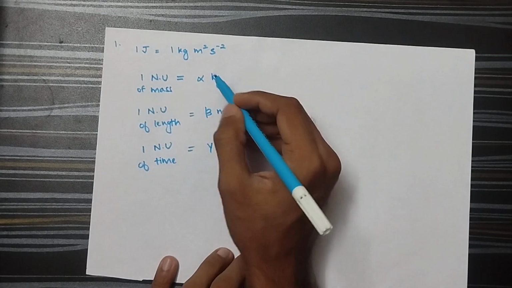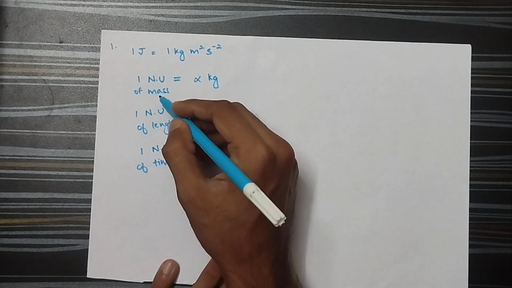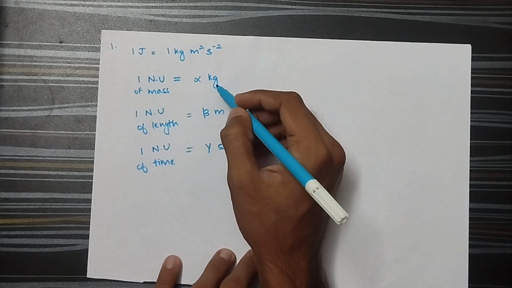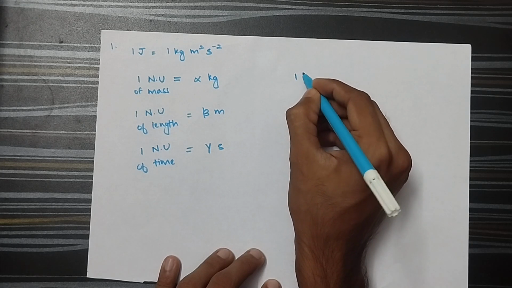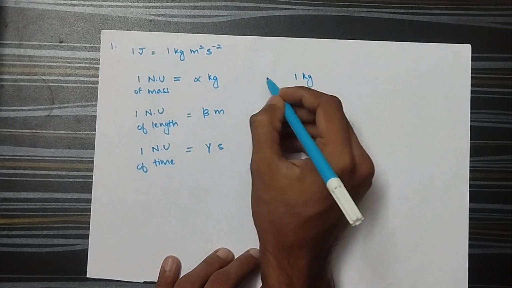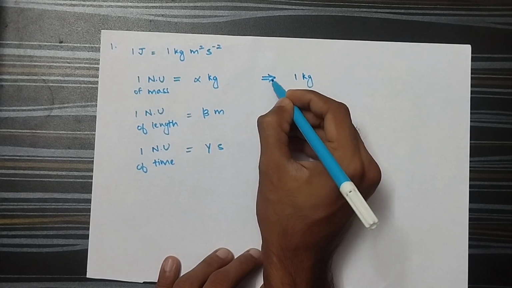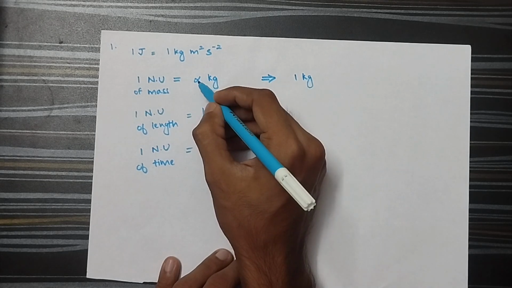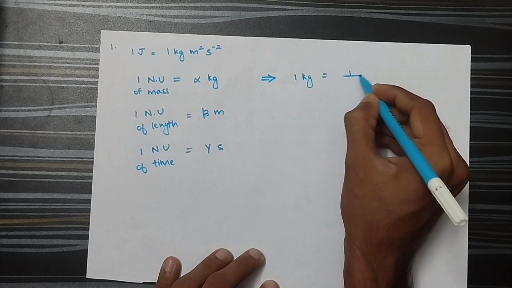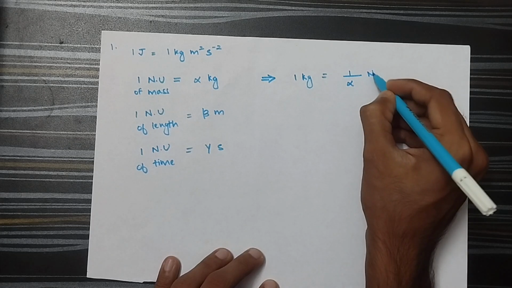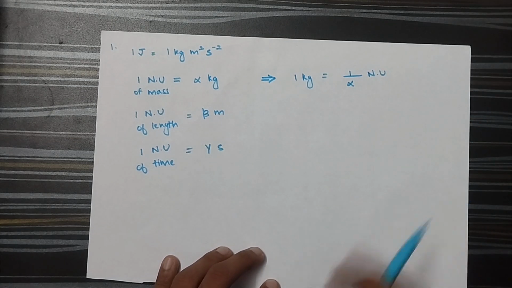So what do we do to find? We know 1 new unit of mass is alpha kg. So how much is 1 kg in terms of the new unit? This would imply 1 kg, if we take the alpha down, 1 kg would equal 1 by alpha of the new unit, right?